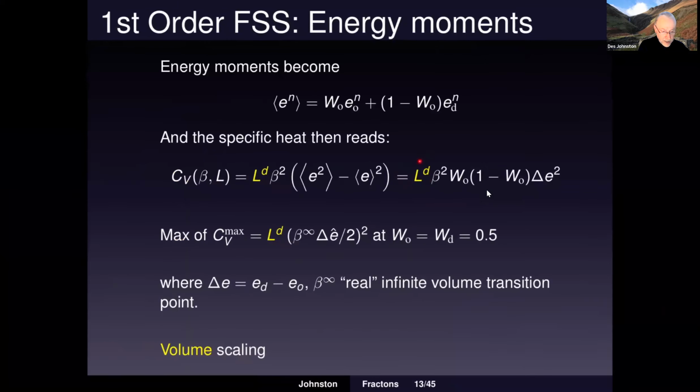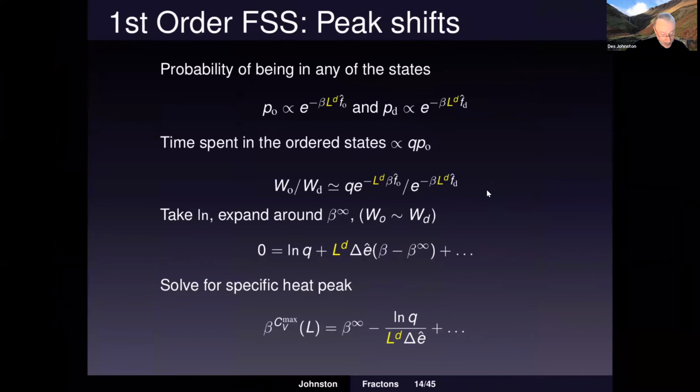Peaks in finite size simulations where you've got a first order phase transition go up with the volume, apparently. Our estimates of where that first order phase transition sits shift with 1 over the volume, apparently. And this should be true for any first order phase transition. That's the idea.